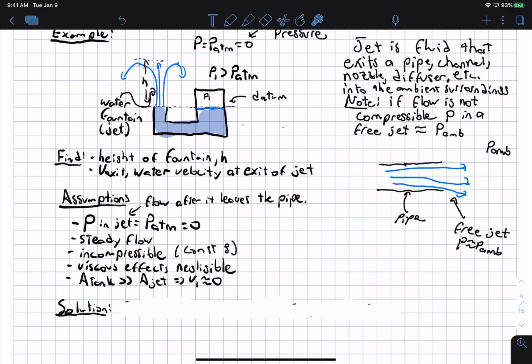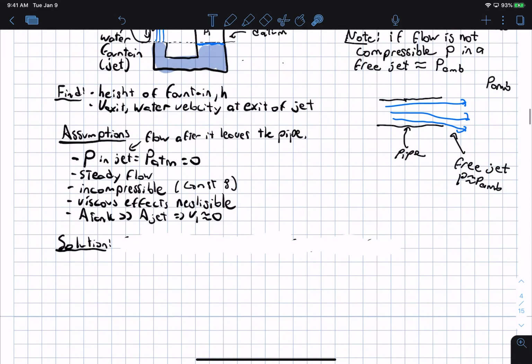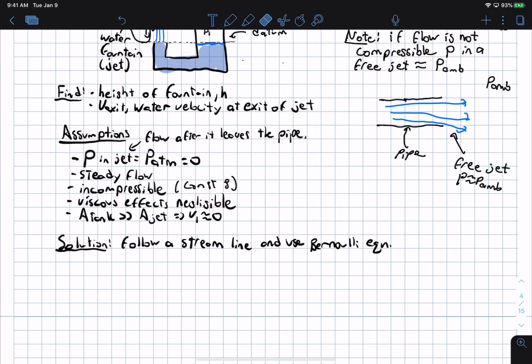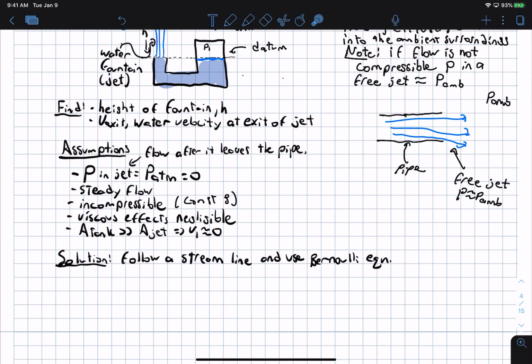Okay, so now the solution is we need to follow a streamline and use the Bernoulli equation. So we've hit 3 of the assumptions needed to use Bernoulli. That is steady flow, constant rho, and negligible viscous effects. But we can only apply it along a streamline.